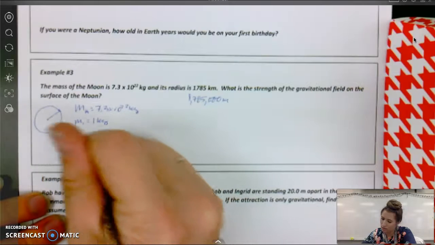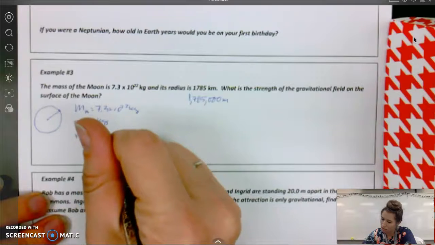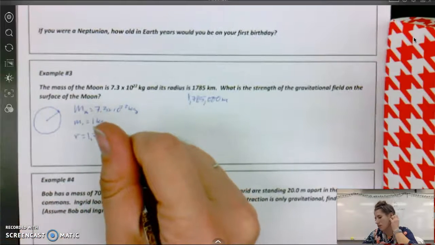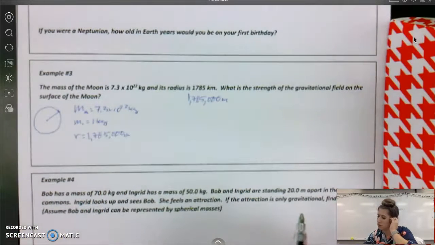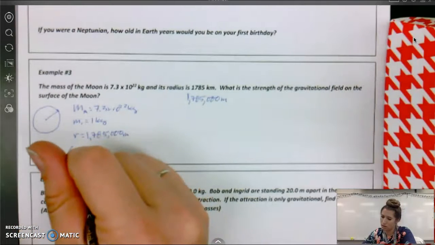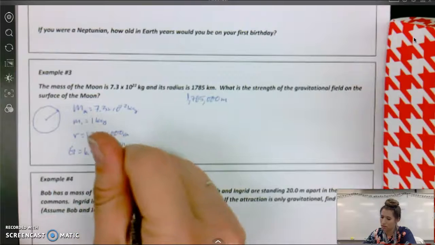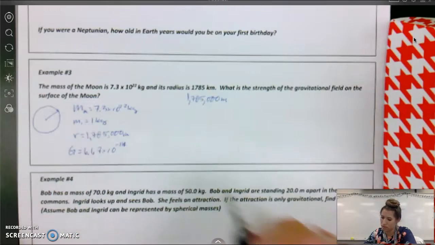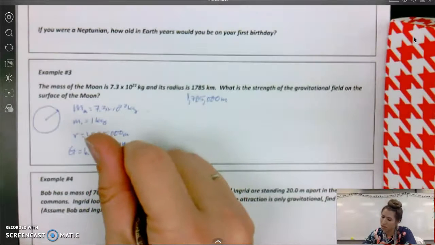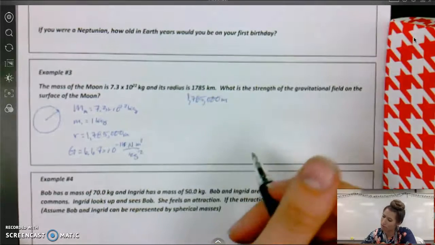Radius 1,785 thousand meters. Okay, and then we know that our constant there is 6.67 times 10 to the negative 11. Oh, not 111, just 11 Newton meters squared per kilogram squared.